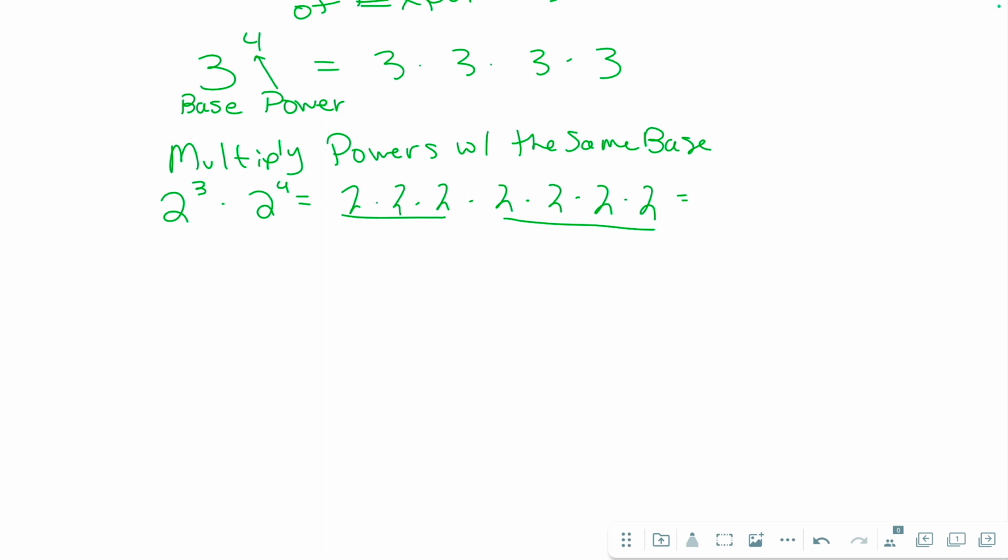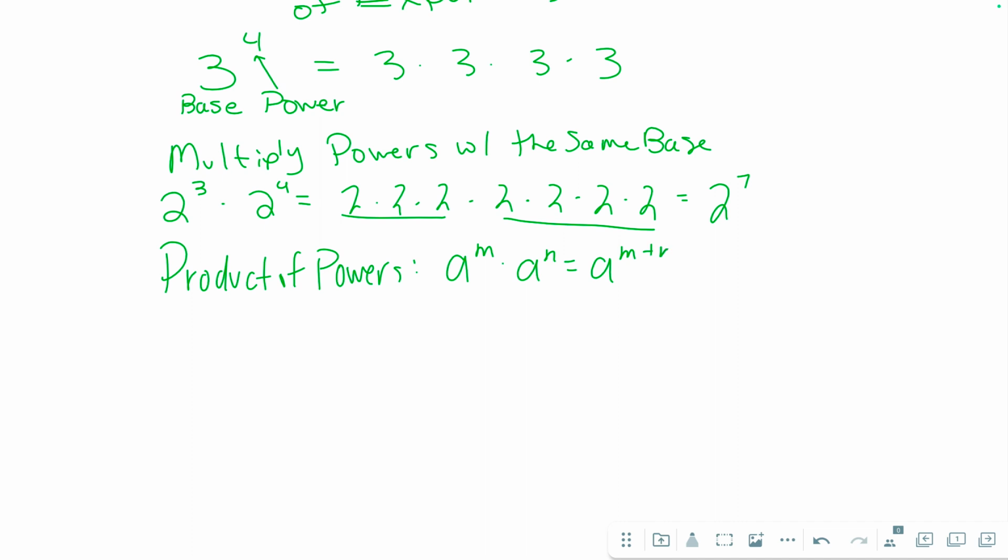2 to the 7th. So if I'm multiplying with the same base, what am I doing with the exponents? Just adding them. This is called the product of powers. If I have a to the m times a to the n, it is a to the m plus n.